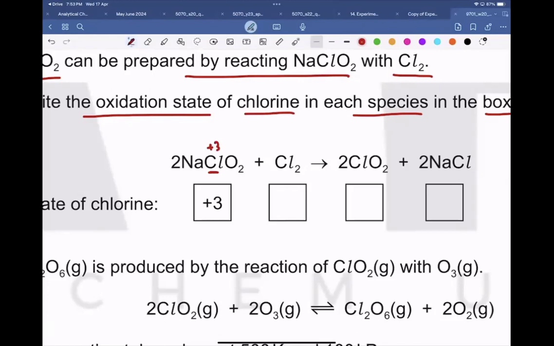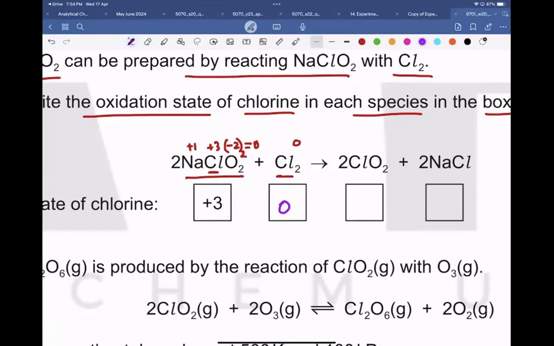It is because the whole compound has no charge, which means the net charge is 0. Oxygen has -2 times 2 makes it -4, and sodium is +1. So +1 and +3 makes +4, and -4 makes it 0. It's an element, so it's obviously 0. So you will write 0 over here. Remember, if there is an element, it has no oxidation state but a 0.